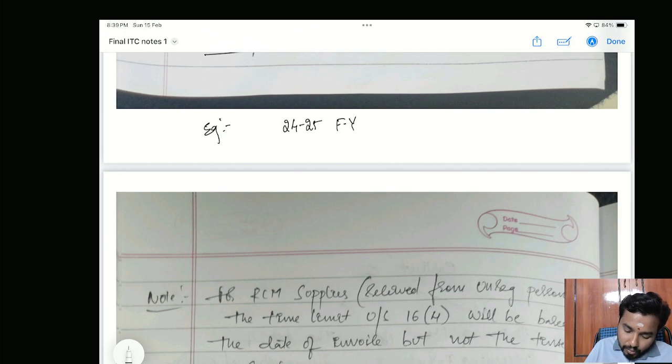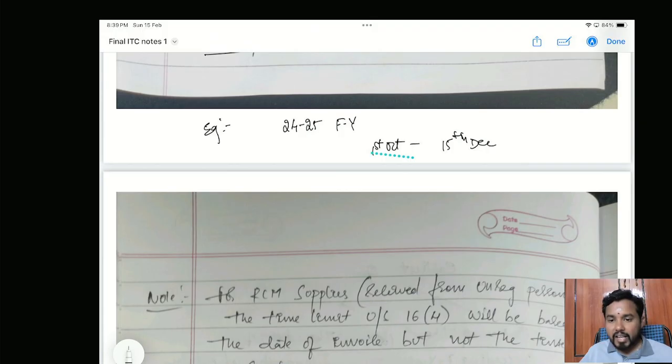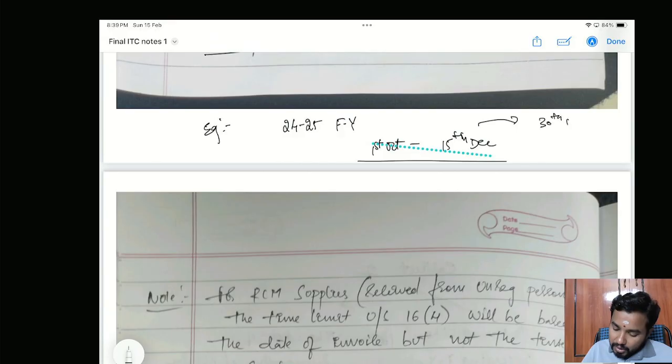Your registration was under cancellation from 1st October to 15th December. In the meantime, 30th November will come. It is the earlier of 30th November or 31st December, right? So 30th November has already expired.